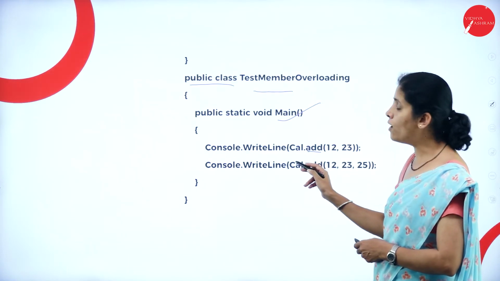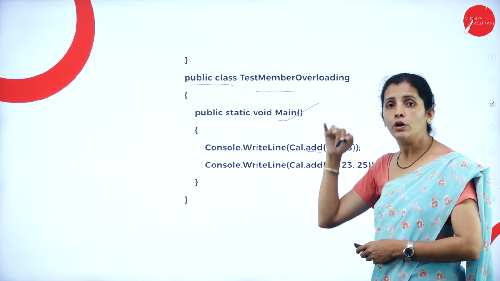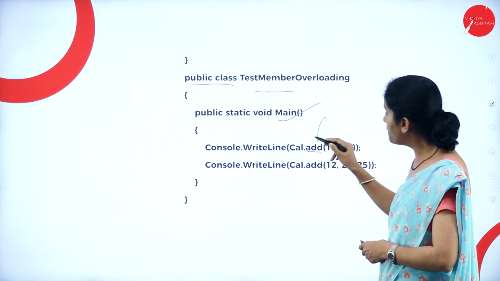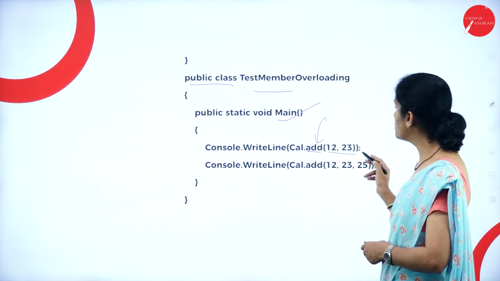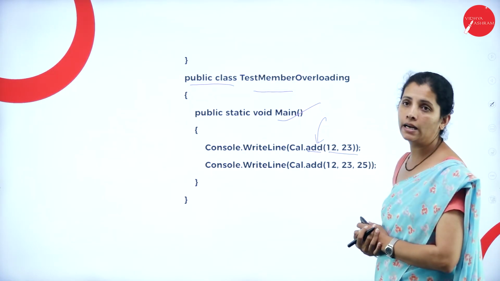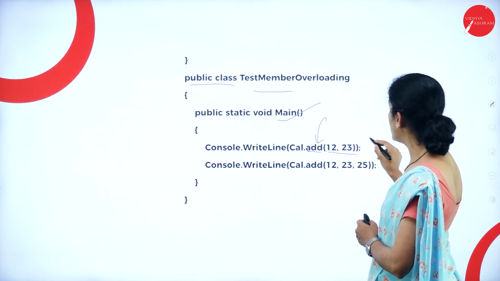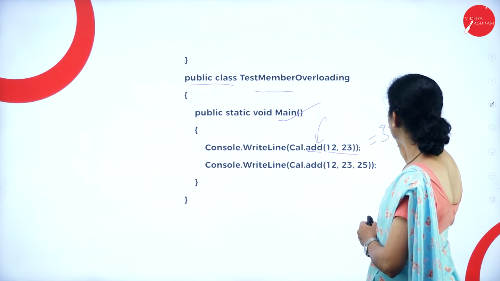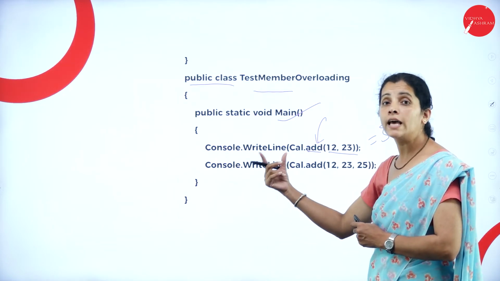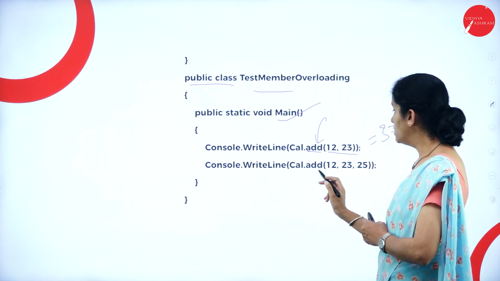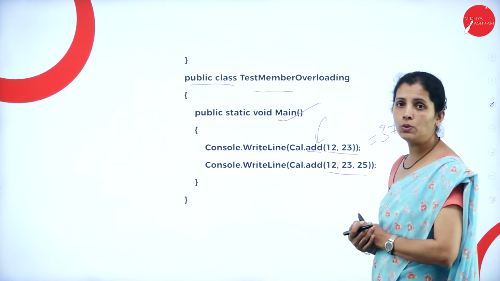So with the help of class name dot, the method name, that is add, I'm going to pass the values 12 and 23. So what is my output? It is 37.